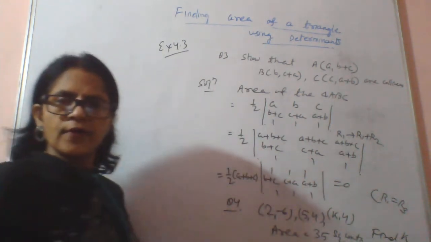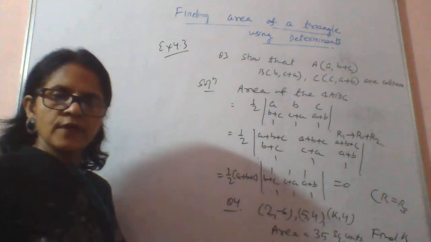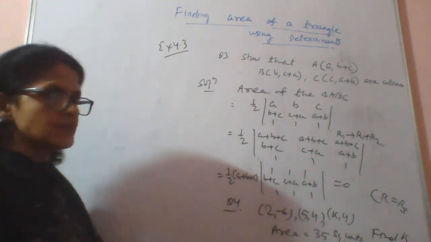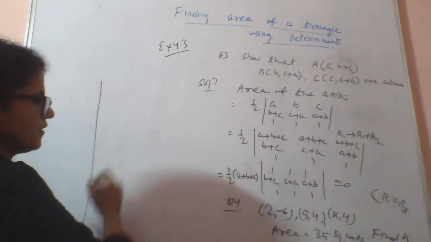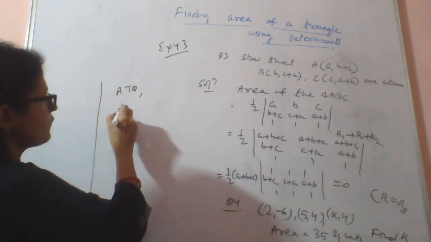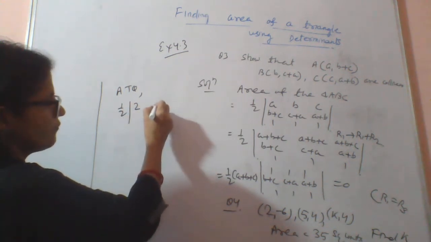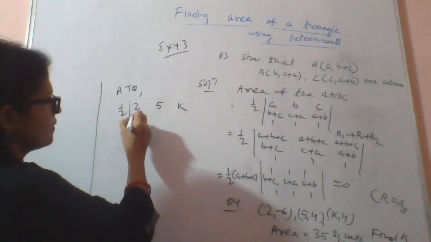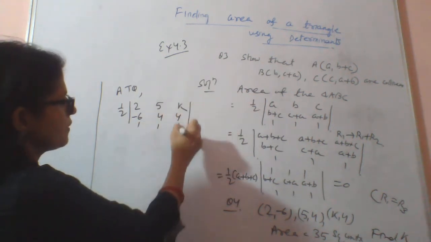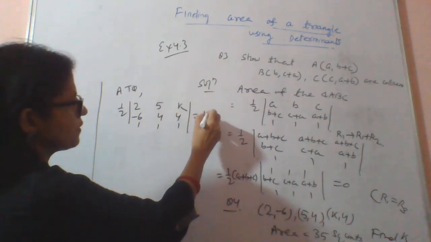Okay, so since the area is given and we know how to find the area when vertices are given, we may take it like this. According to the question, you have half of the determinant 2, 5, k; minus 6, 4, 4; 1, 1, 1, equal to plus minus 35.